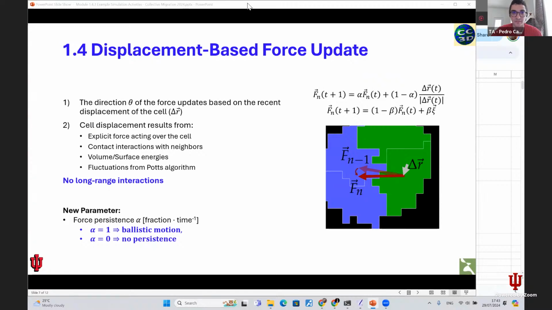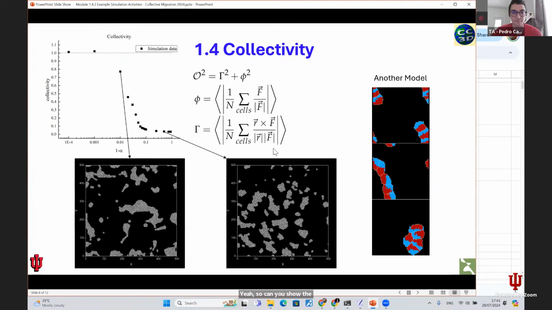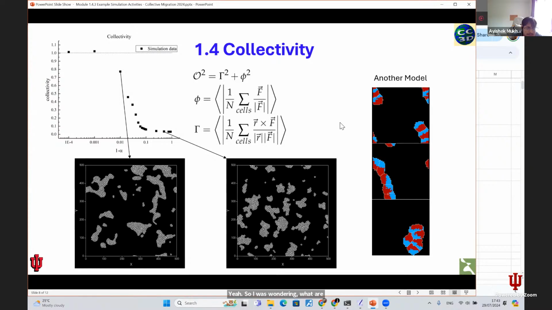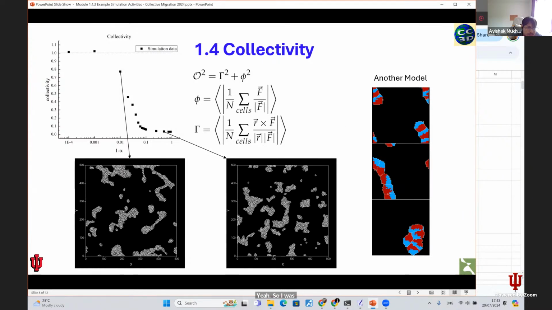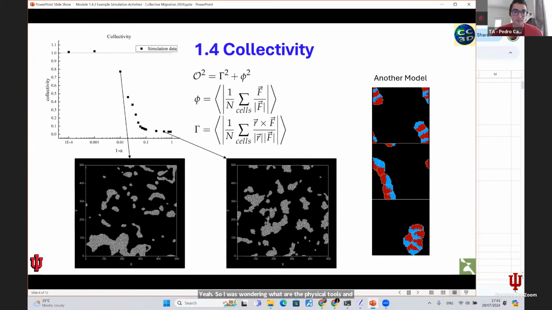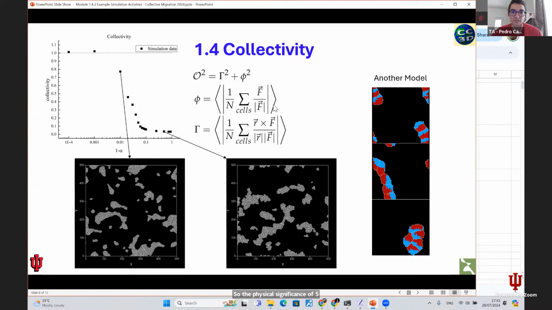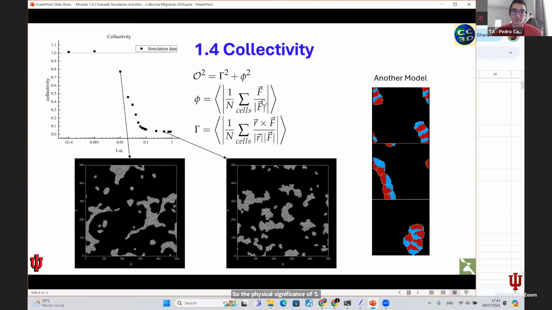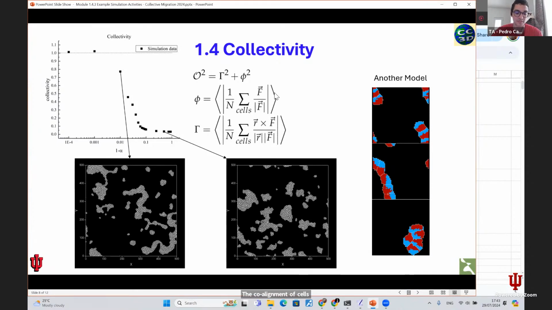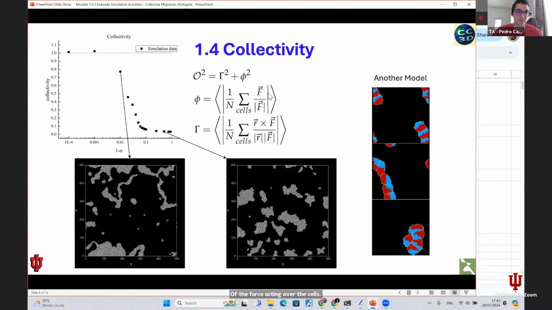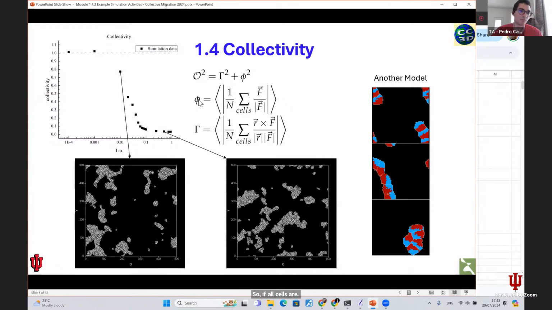Can you show the slide with the phi and the gamma? Sure. I was wondering what the physical significances of these parameters are. The physical significance of phi is the co-alignment of cells, of the force acting over the cells. So if all cells are migrating in the same direction, phi will be 1.